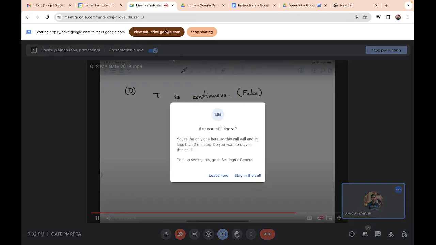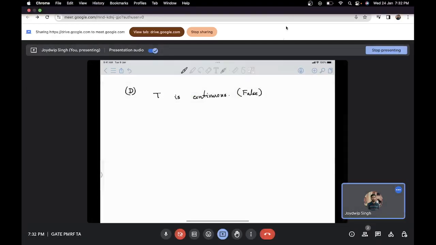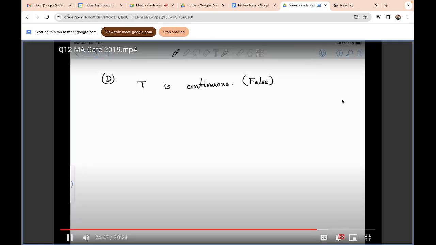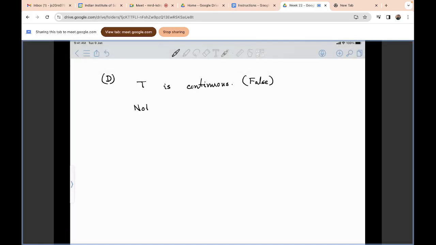As earlier, let's take the same example. You recall the notation from option B. What was that?